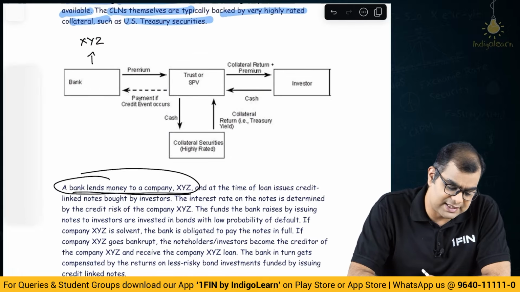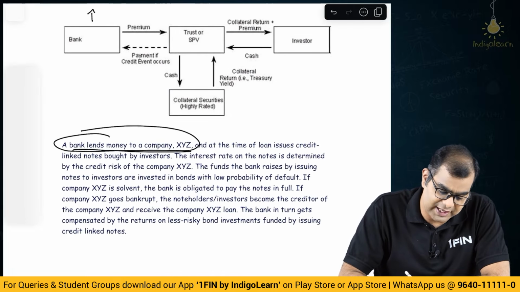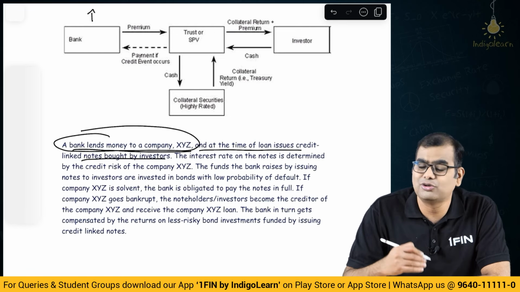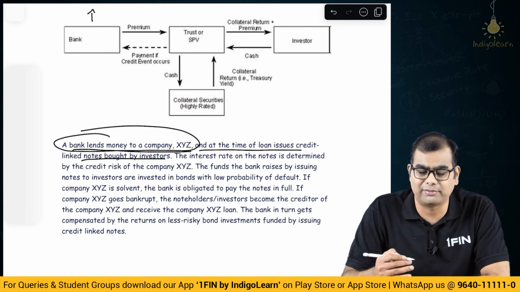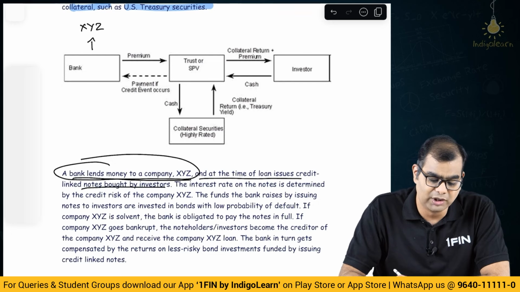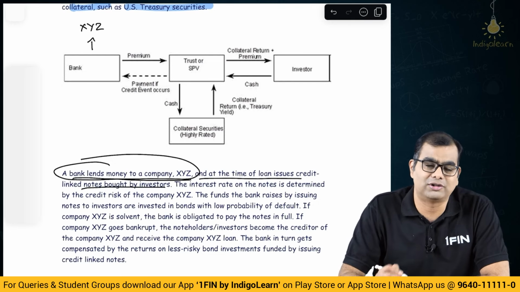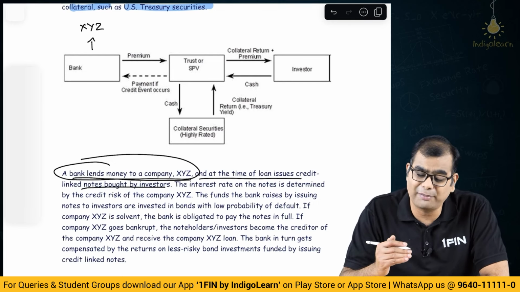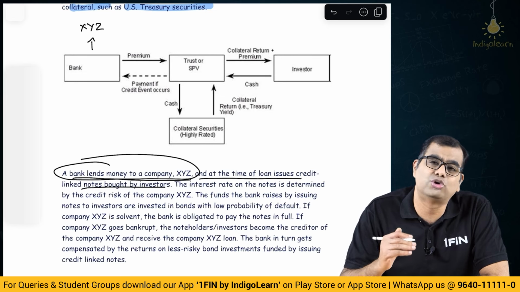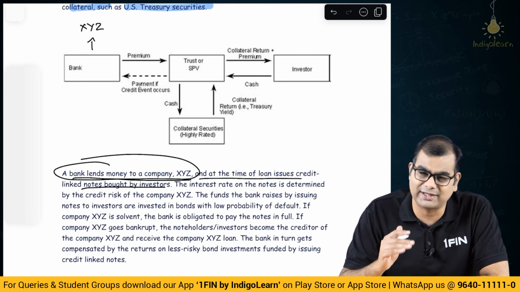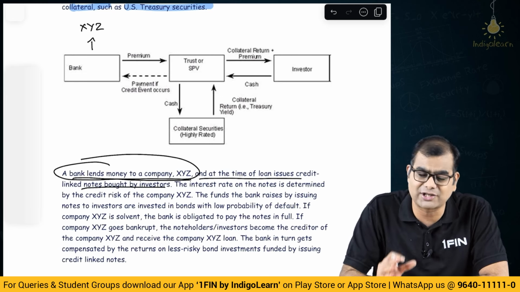So, the bank has lent money to XYZ. Then what are they saying? At the time of the loan, credit linked notes are issued and bought by investors. So, the moment the bank has given a loan to XYZ, it wants to offload that loan. It basically wants to offload the loan or pass on the credit risk of that loan to some other investor. That is the core idea. This sounds very, very similar to securitization. It actually is.